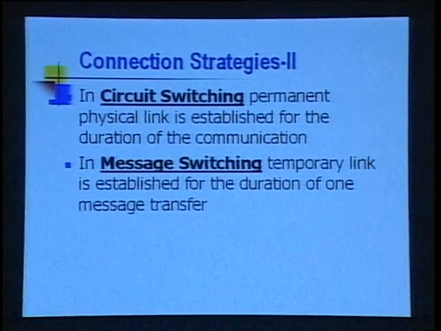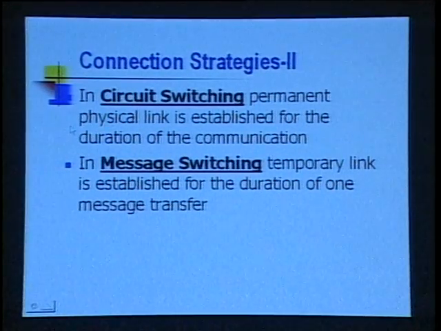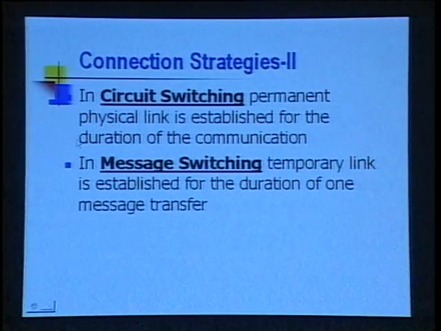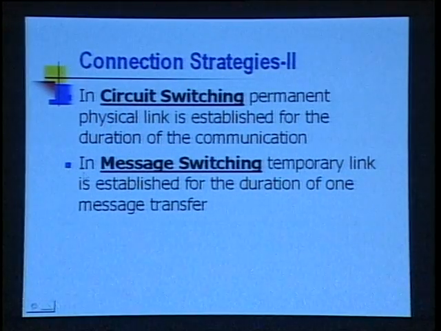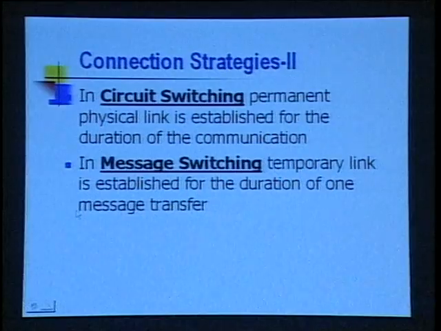As I discussed, in circuit switching, a permanent physical link is established for the duration of the communication. Whereas in message switching, a temporary link is established for the duration of one message transfer. If we are using the message switching strategy, once we start transferring a message from machine A to machine B, our connection will be valid only for the duration of that particular message.